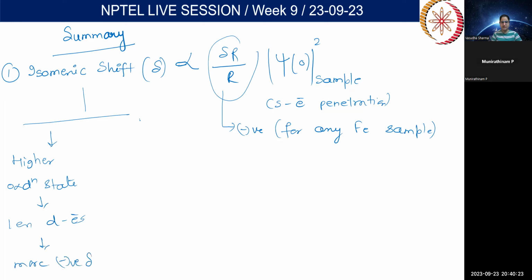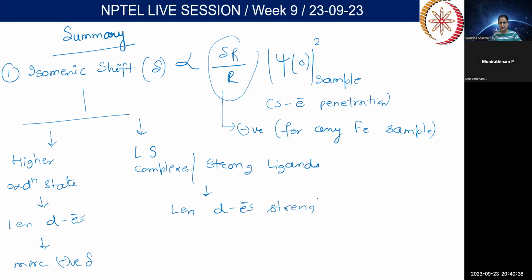Low spin complexes, where strong ligands are connected to the metal and take electrons from it, have fewer d electrons, therefore a more negative delta. This is the first factor, summarized.